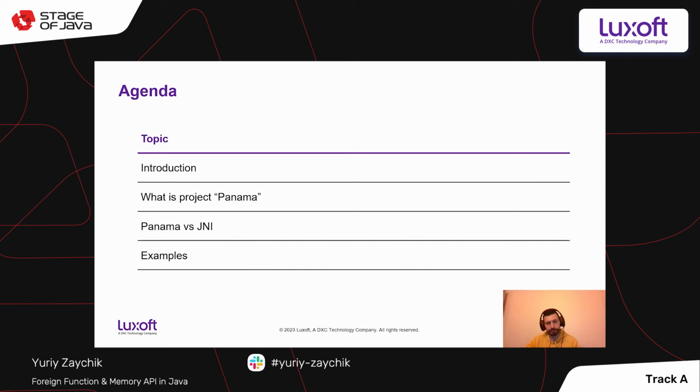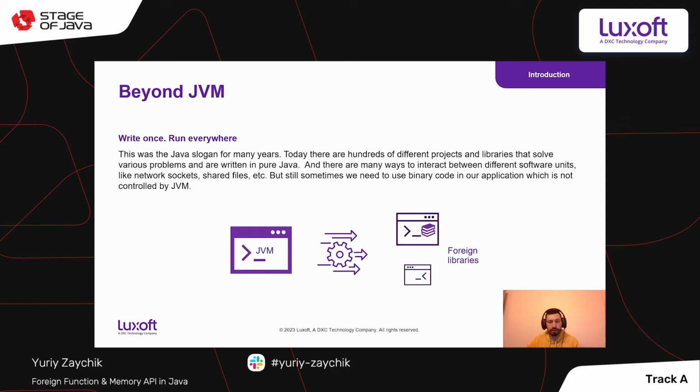So let's start. We all know that for years we have had a slogan in Java: write once, run everywhere. By now there are hundreds of different libraries and projects written in pure Java, and you can easily add them to your project using various build systems like Maven, Gradle, and so on.